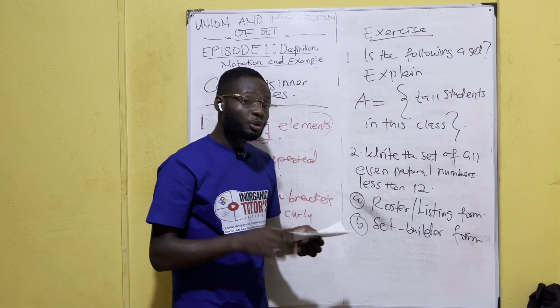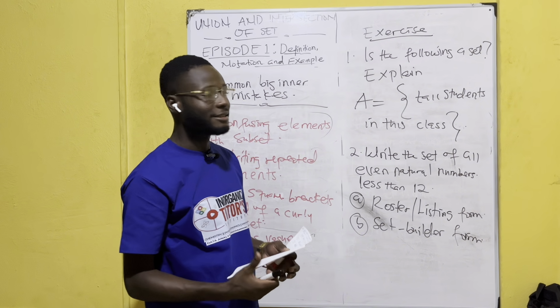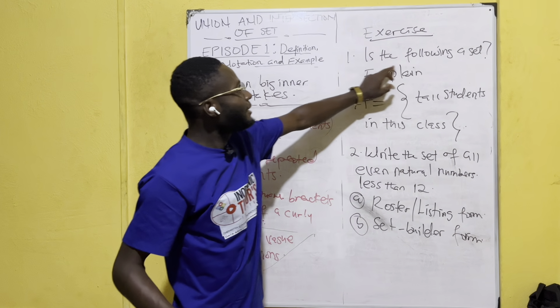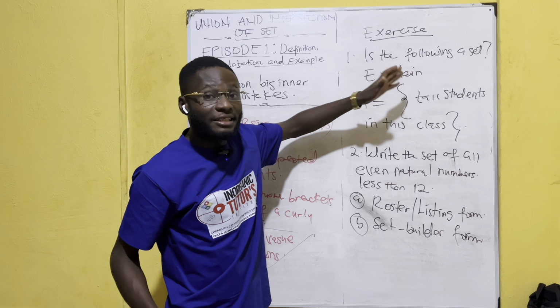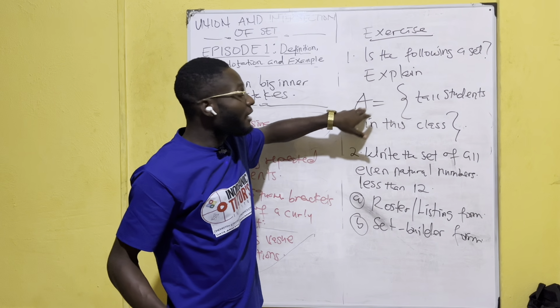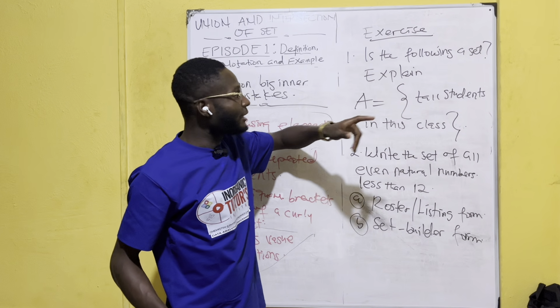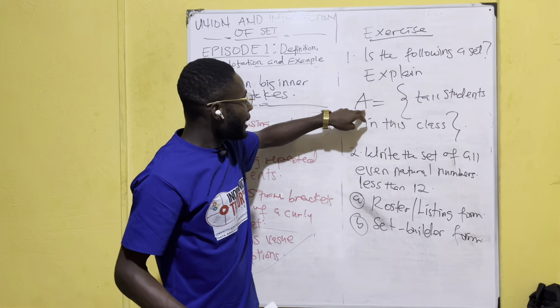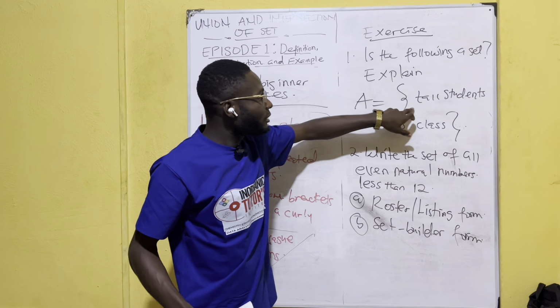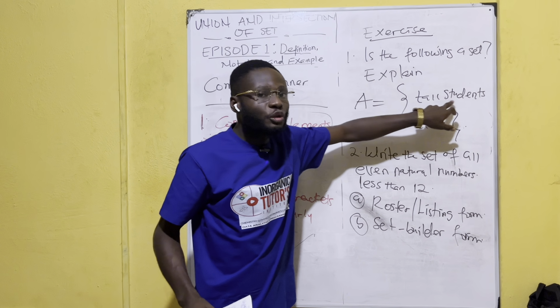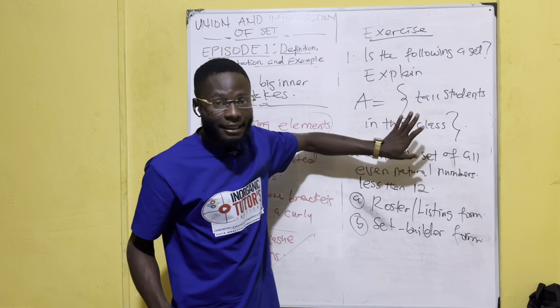So I've given you two trial works or two exercises. One is: is the following a set? If it is a set, explain. If it is not a set, explain. I want to get that in the comment section. The set is A equals, in curly brackets, tall students in this class.